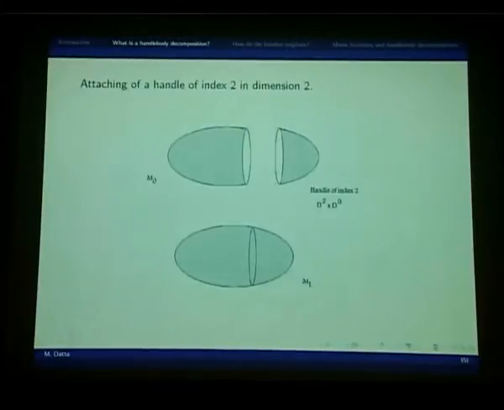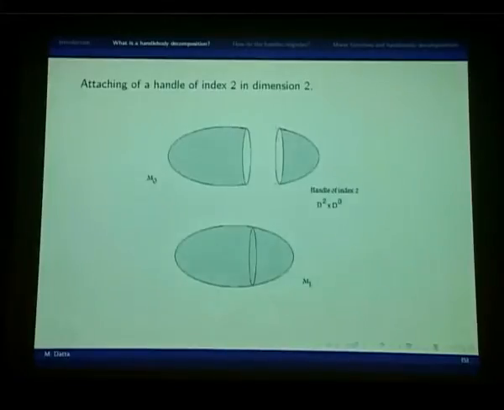So S^1 × D^0, that means it is a copy of S^1, a circle. So I must have an embedding phi from the circle into M0. M0, as shown in the figure, also has a component S^1 in the boundary. So maybe I take the identity map here. So once I consider the quotient space, it will look as shown in M1.